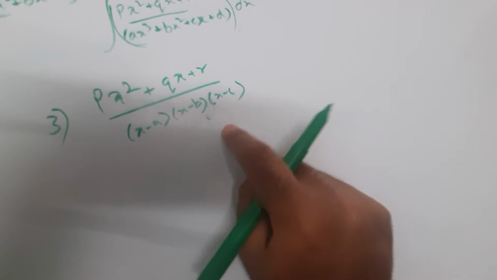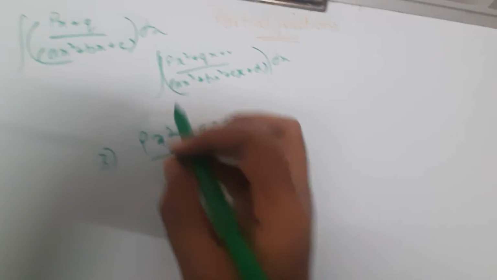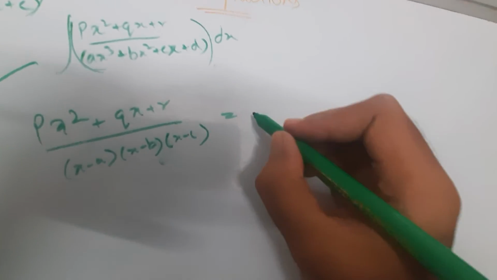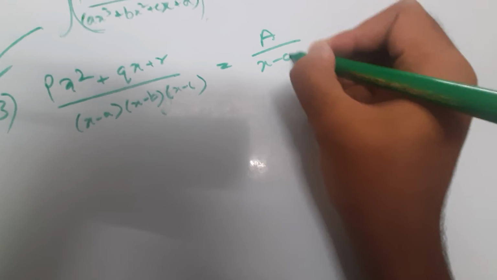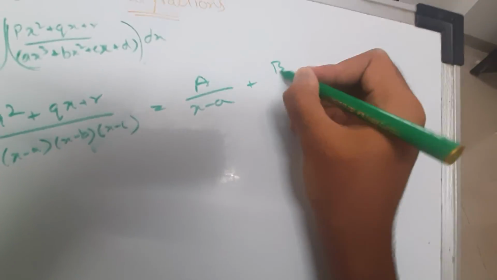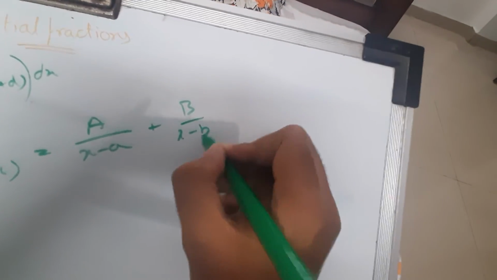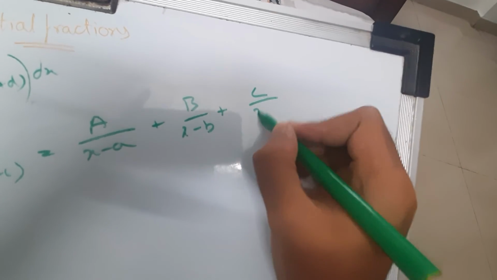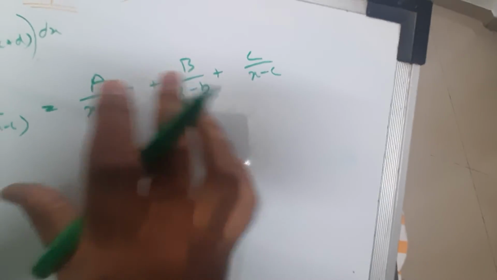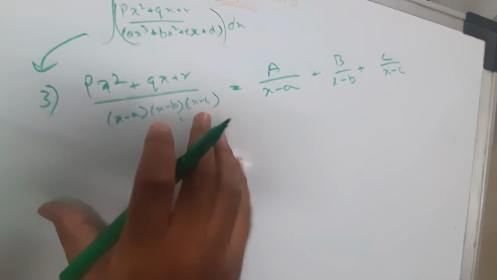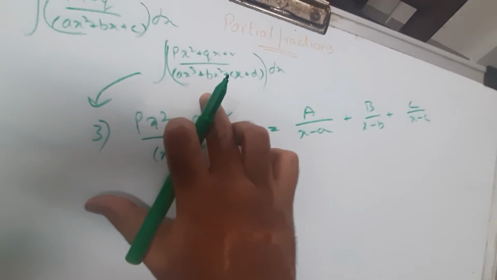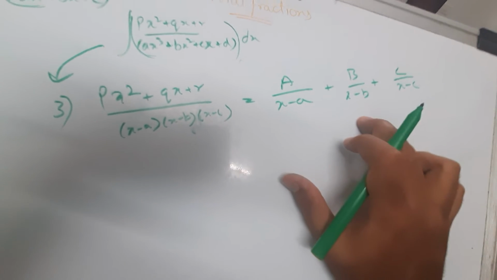You're going to get three different factors, right? This is the easiest of the three. So A/(x-a) + B/(x-b) + C/(x-c). That is the easiest form from this kind of function to form into a partial fraction.